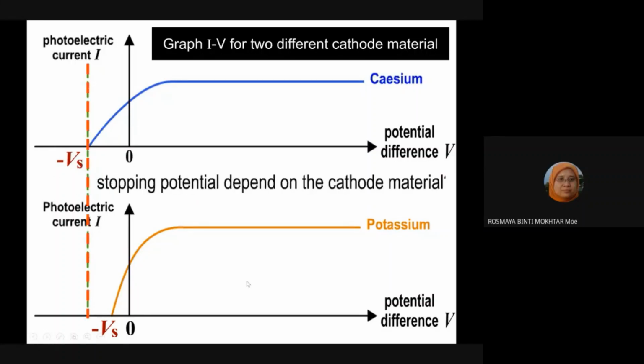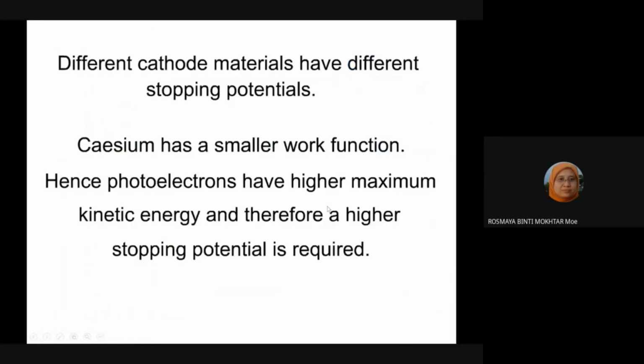Next, stopping potential depends on the cathode material and also on the wavelength used. Different cathode materials have different stopping potentials. Why? Because caesium has a smaller work function compared to potassium. Hence photoelectrons have higher maximum kinetic energy and therefore a higher stopping potential is required.